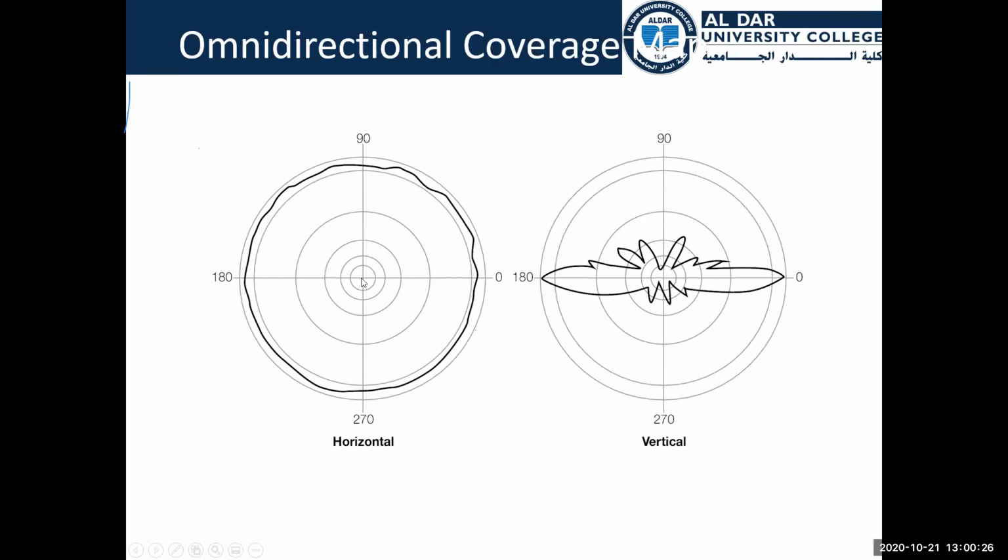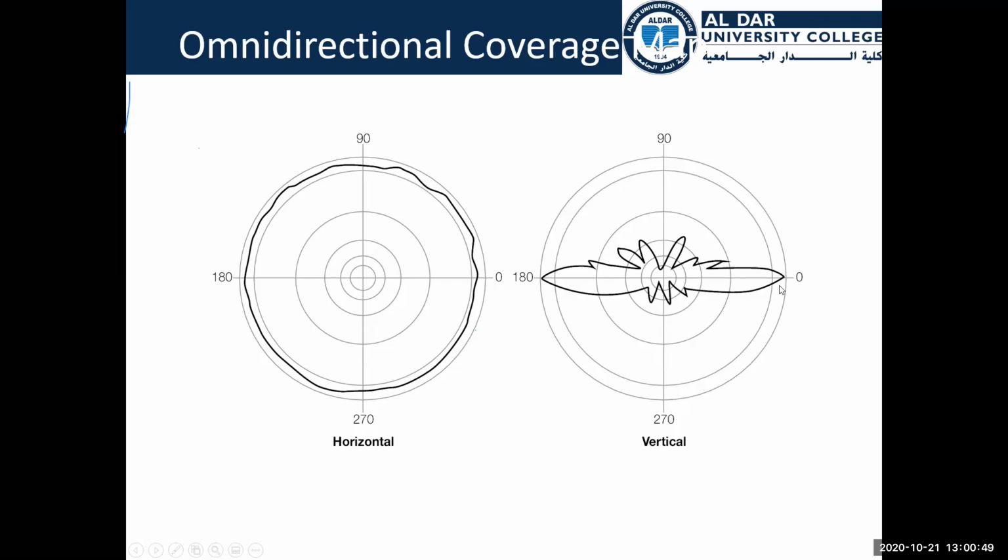If you can imagine this one, you are standing here in the middle, and I can see your head as a circle. But if you stand here, I can see the full body. You are standing in the center. So this shows the up and down, or the vertical direction, and this is showing the horizontal direction.